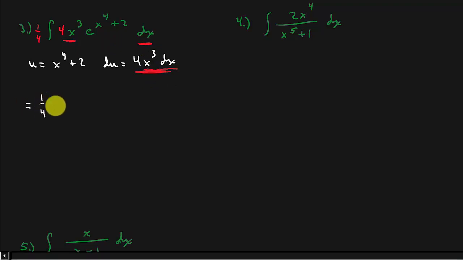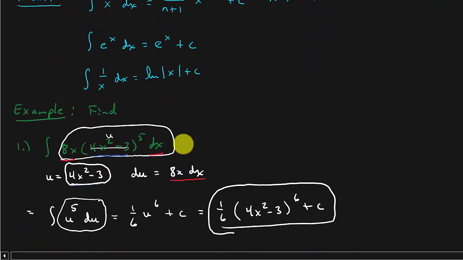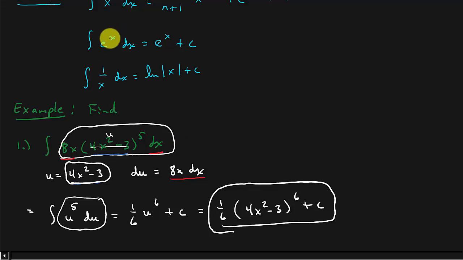That's going to be 1/4 integral e to the u. I'm replacing the x to the 4th plus 2 with u, and the 4x cubed dx I'm going to replace with du. Now you can see I have this form up here, e to the x.